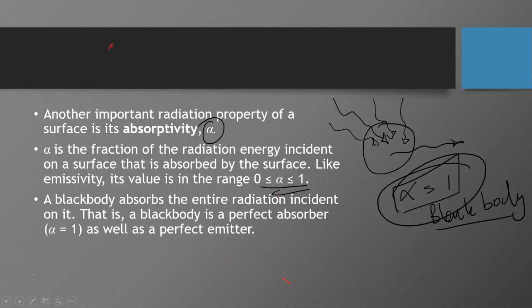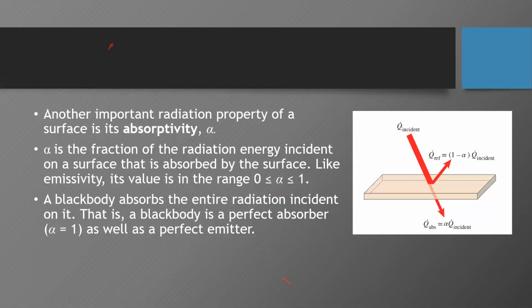Here you can see that on a surface, Q dot incident is there. Q dot incident means whatever electromagnetic energy or heat wave is coming to the surface. Part of it will be absorbed and another part will be reflected.